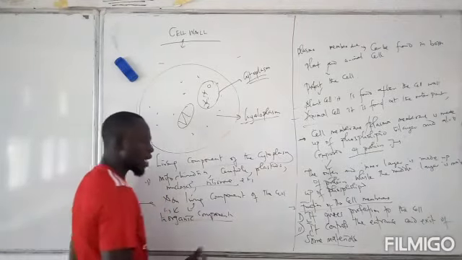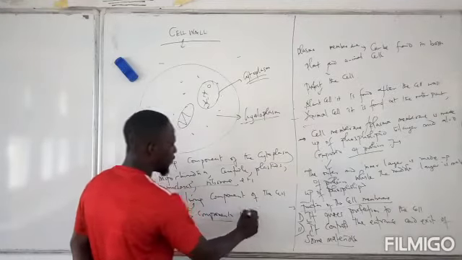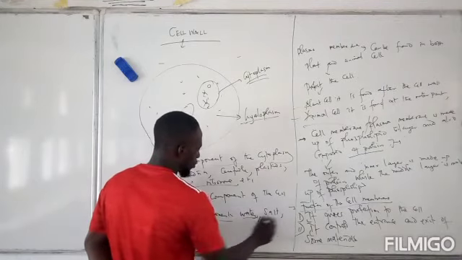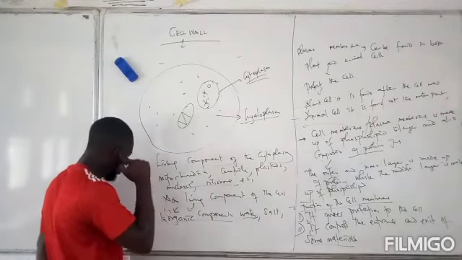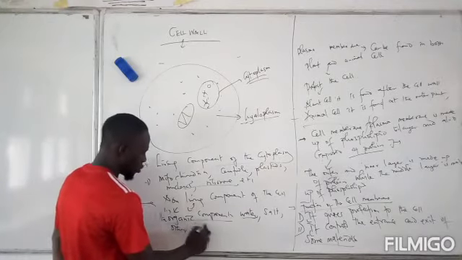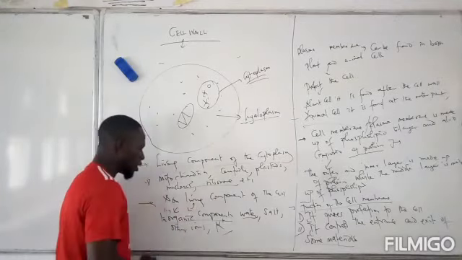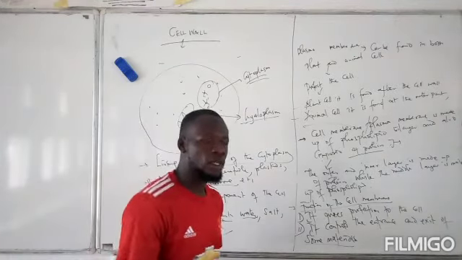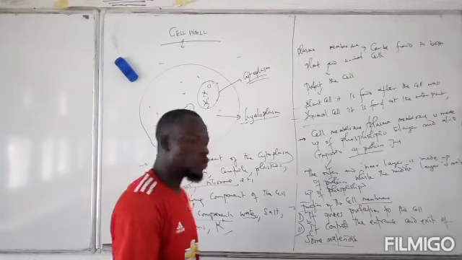Now the inorganic component includes water. You can find water inside the cytoplasm. You have your water, you have your salts, you have other ions, which include your potassium ions. So these are the inorganic components of the cell. They are also present and needed for the body cells to be in good condition.